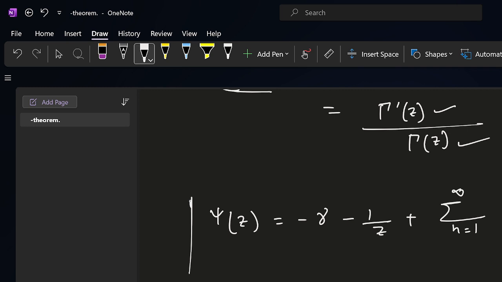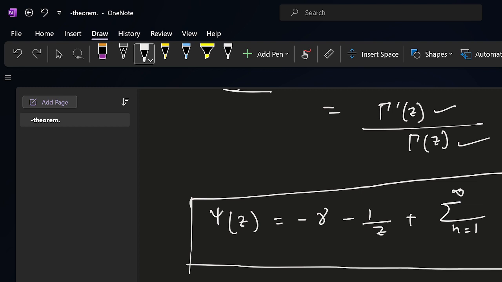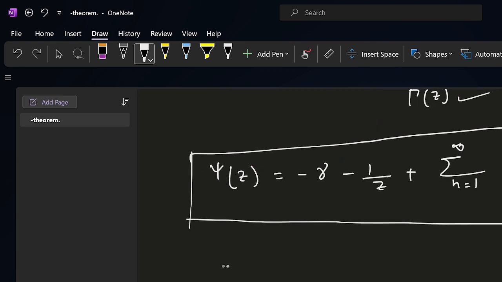So this is an important expression involving the properties of the gamma function. Here the value of the constant gamma is, I think, 0.5772. It's a large number, and it has a minus sign.